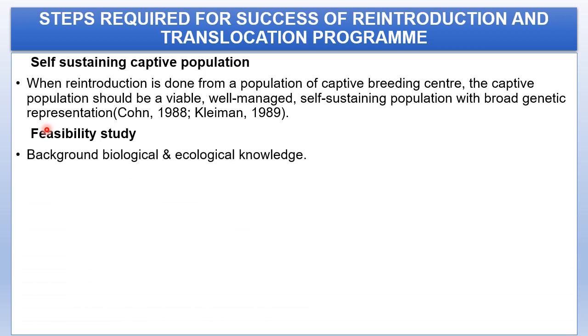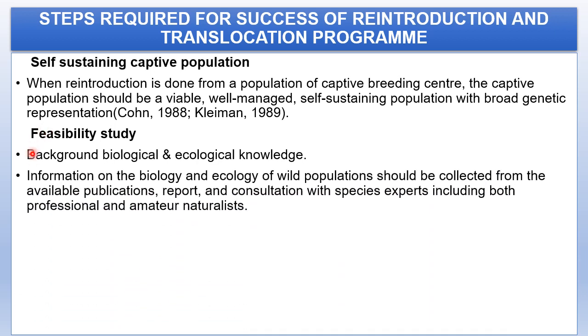Feasibility study covers the full range of relevant biological and non-biological factors. You should know that detailed studies of the behavior and ecology of free-ranging wild animals may determine a species' critical needs. So necessary information on the biology and ecology of wild populations should be collected from available publications, reports, and consultation with species experts, including both professional and amateur naturalists.